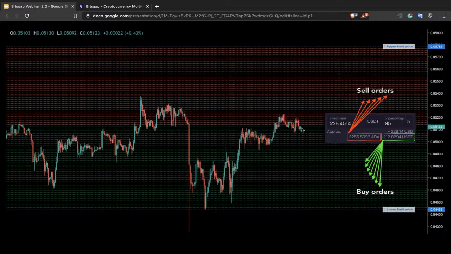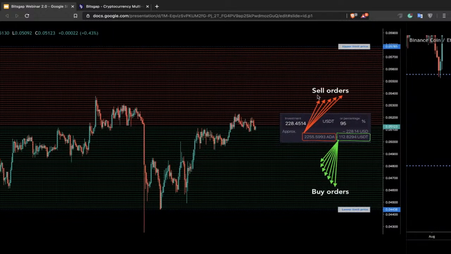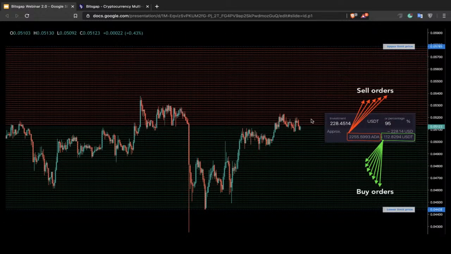So starting from the point of our bot's inception where we launched it, we already have all of these sell orders set above the price. If the price starts moving upwards and reaches the price of a sell order, the bot will execute trades.